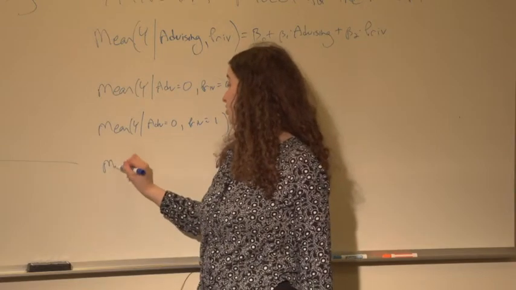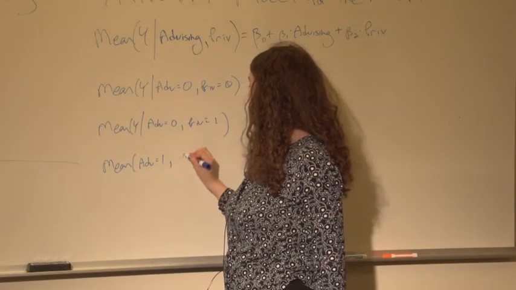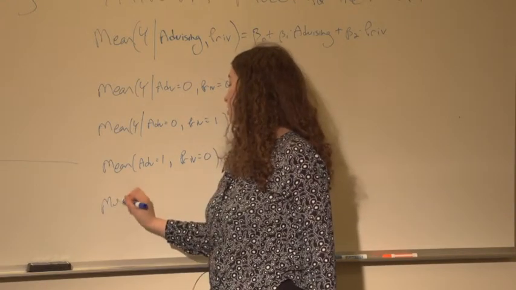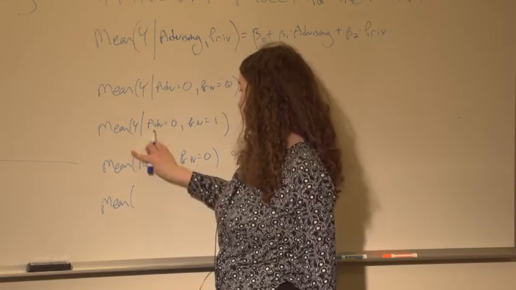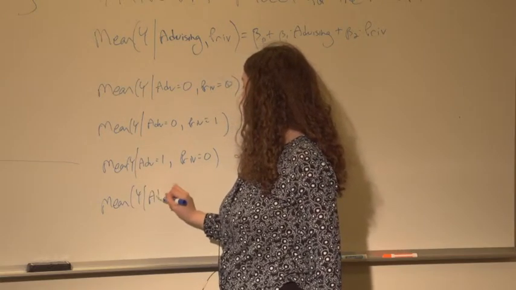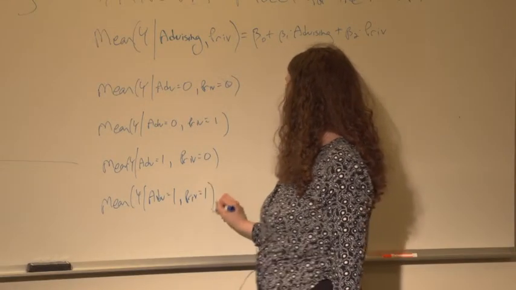Or where advising is equal to 1 and private school is equal to 0. Or the mean of y where advising is equal to 1 and private school is equal to 1.